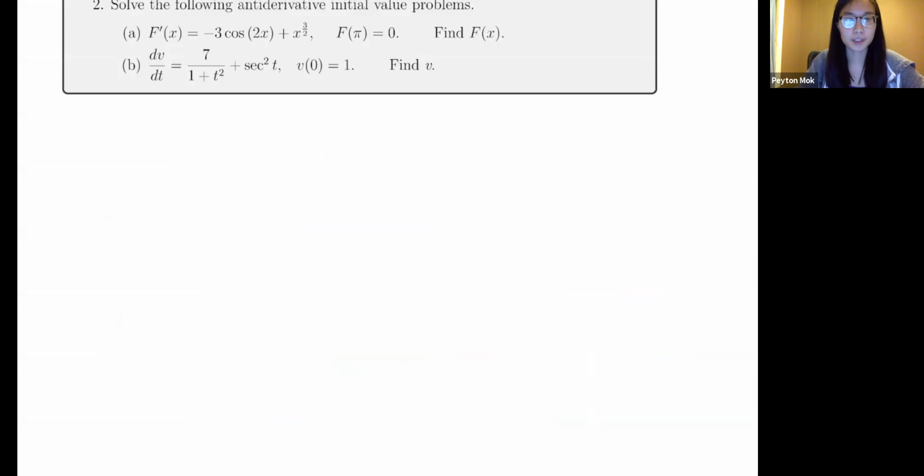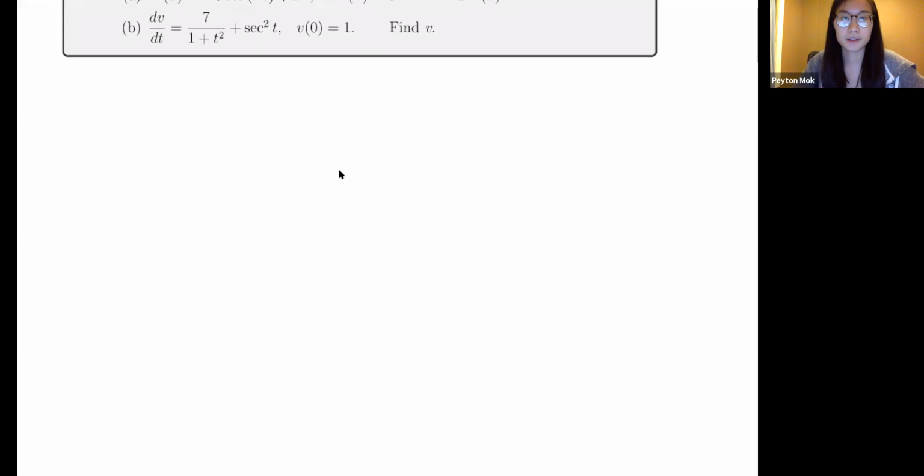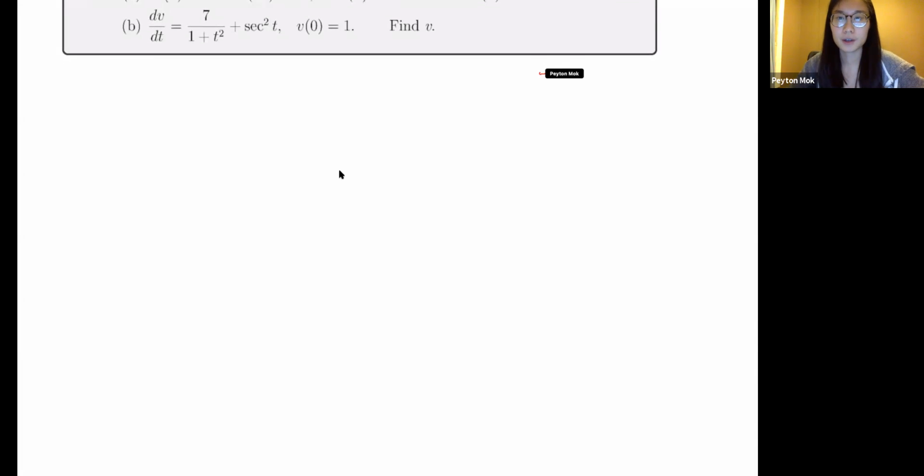Okay, so for this question, it's going to be the same method in terms of solving. So let's have a recap, just in case you don't remember. The first thing is always to integrate, because now they're giving us dv/dt, which is basically v prime of t. Does that make sense?